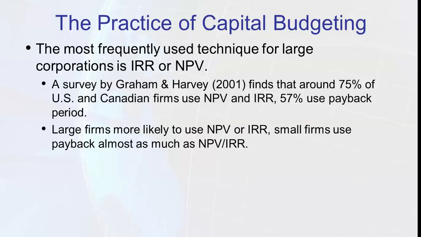Graham and Harvey 2001 published a paper and reported that about 75% of the US and Canadian firms use NPV and IRR. 57% use payback period.